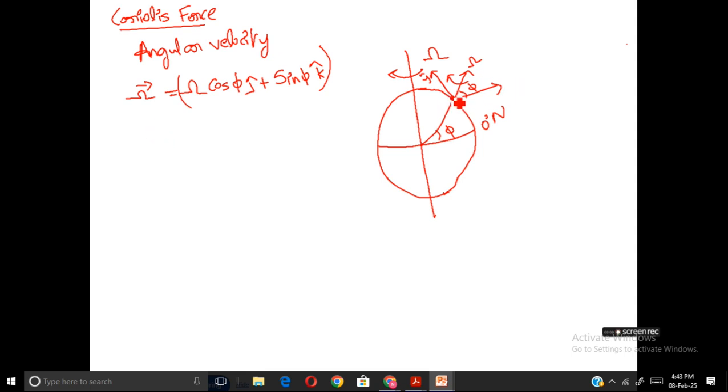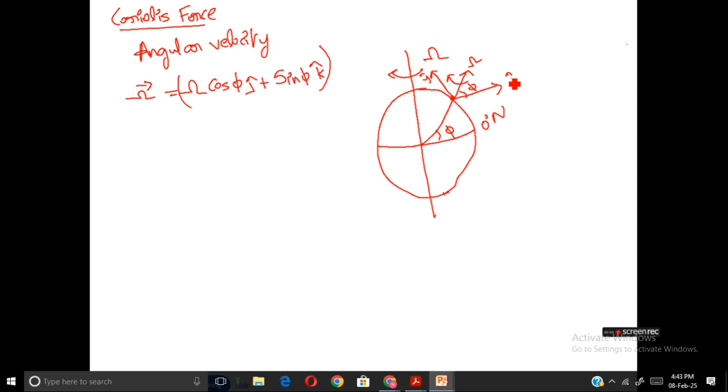So it will basically have two components, one along the y direction, which is omega cos phi j, and one along the k direction. So this is k pointing away from the surface of the earth.